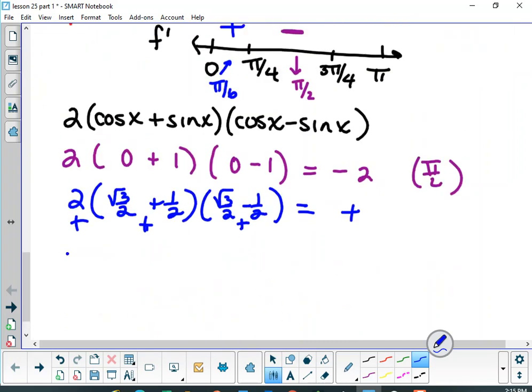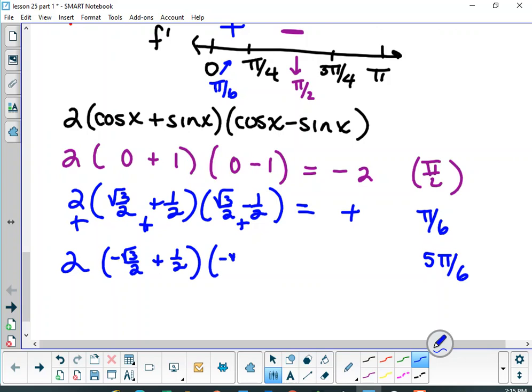All right, so this was pi over 6. Now I need something bigger. How about 5 pi over 6? That'll be negative root 3 over 2 plus a half, and negative root 3 over 2 minus a half. This is negative, this is positive.